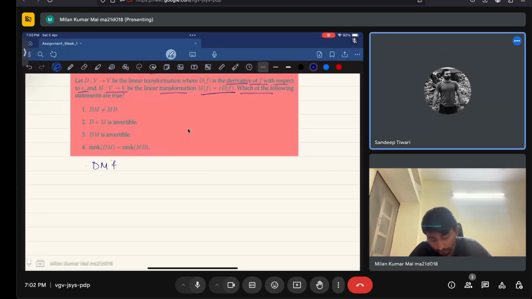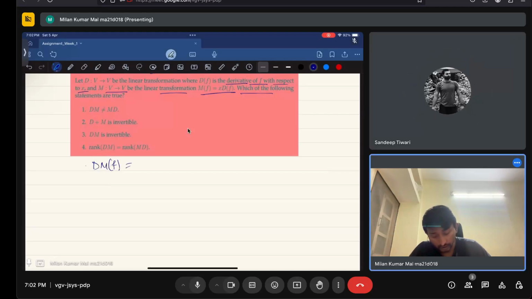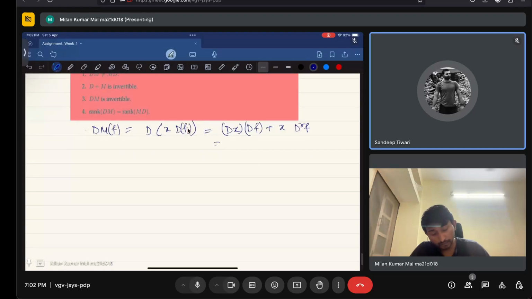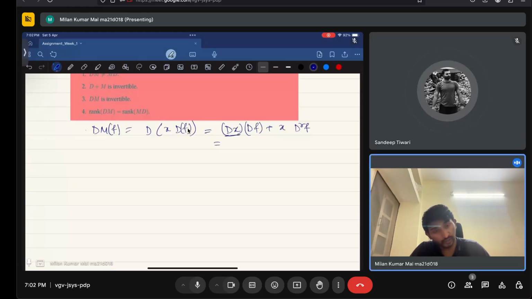So D of f, for example, I'm just going to do it generally. So Mf is equals to D of x Df, right? I can write it this way. So first is the derivative Df, plus x into D square f, the double derivative. Therefore we know that D of x is always 1, so that is D of f plus x into D square f.